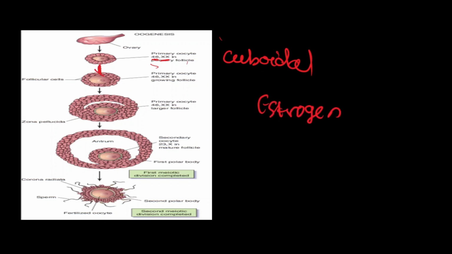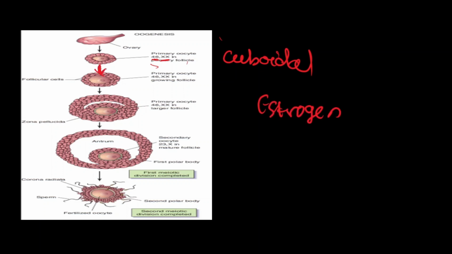Taking a look at the picture that we have here, first we have the primary oocyte, then we have the primary follicles. The primary follicles are cuboidal in nature, so cuboidal epithelium, and as we would see, these primary follicles would mature and later form the ovarian follicle that helps in the production of estrogen.